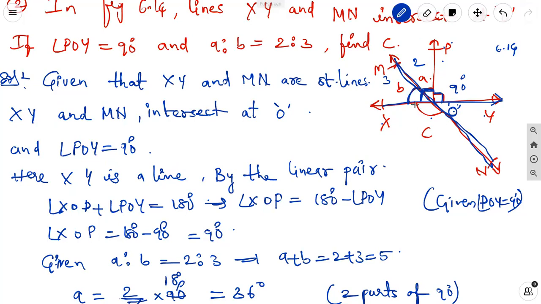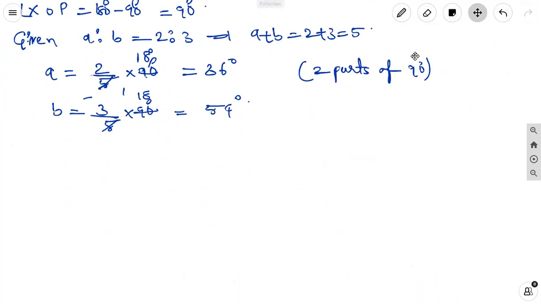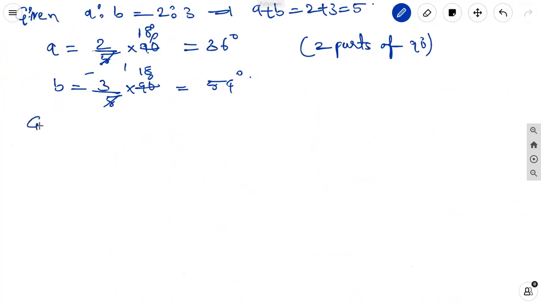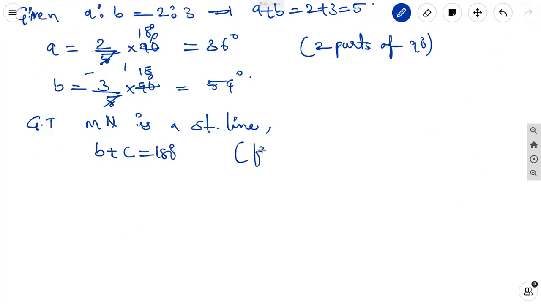The two adjacent angles are B and C. Given that MN is a straight line, from the linear pair, B plus C equals 180 degrees.